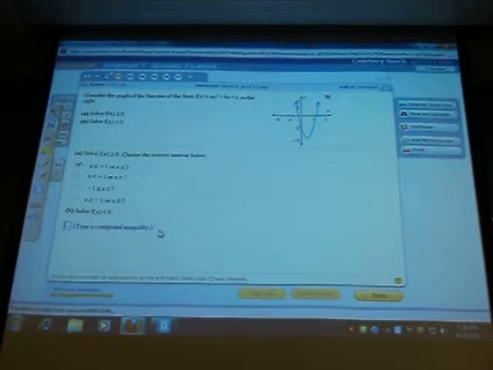So where is the graph above the x-axis? Above the x-axis, it's positive here. Greater than or equal to 0 means above the x-axis. It's above the x-axis over here and over here, but not in between.